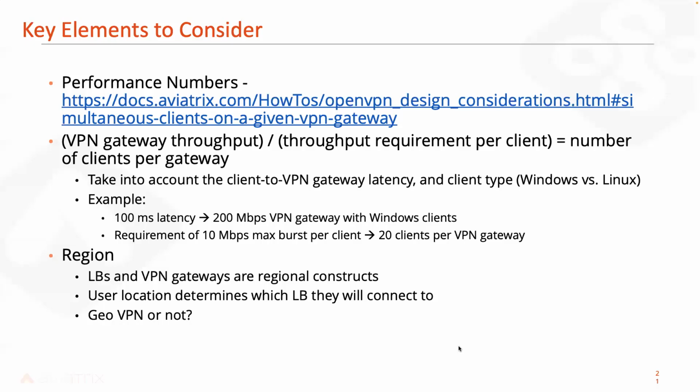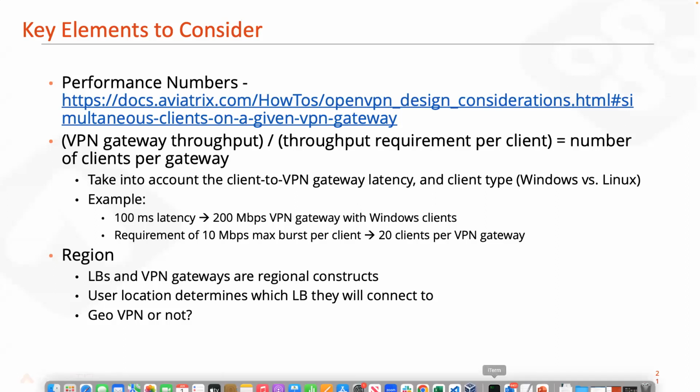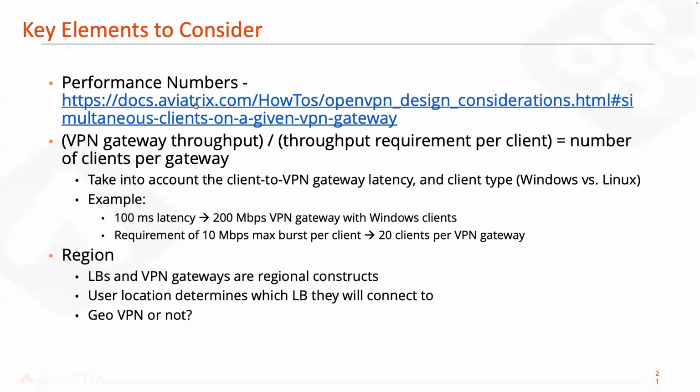Okay, a bit on architecture guidelines. I'll put this link as a reference. One thing to realize, especially whenever you're trying to size how many clients you want, is the throughput of a VPN gateway.